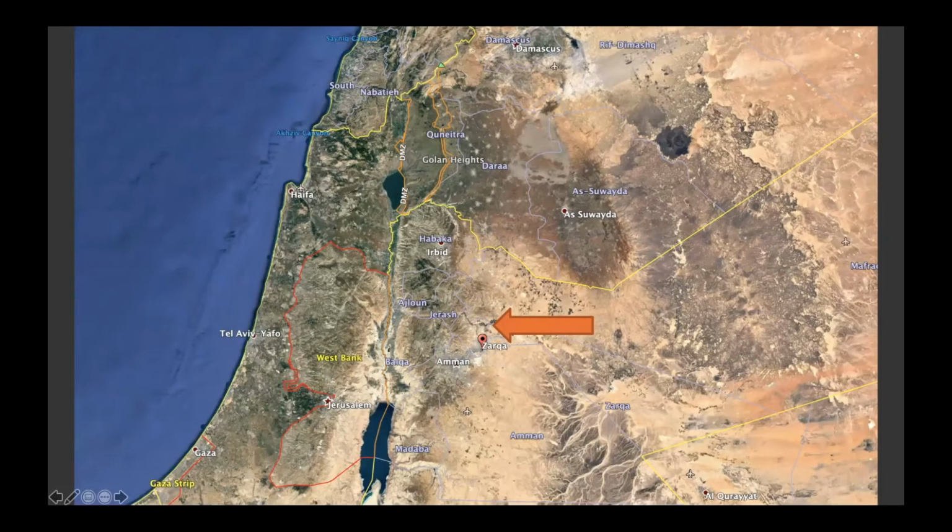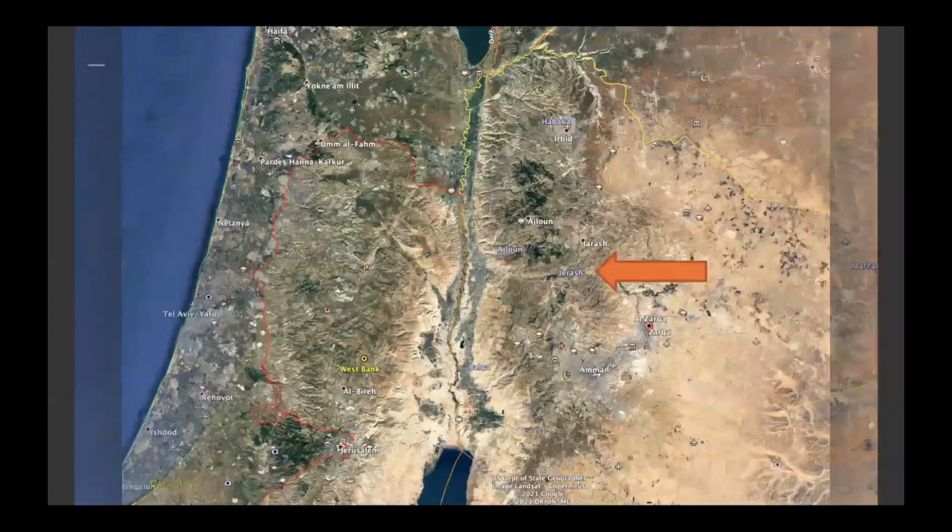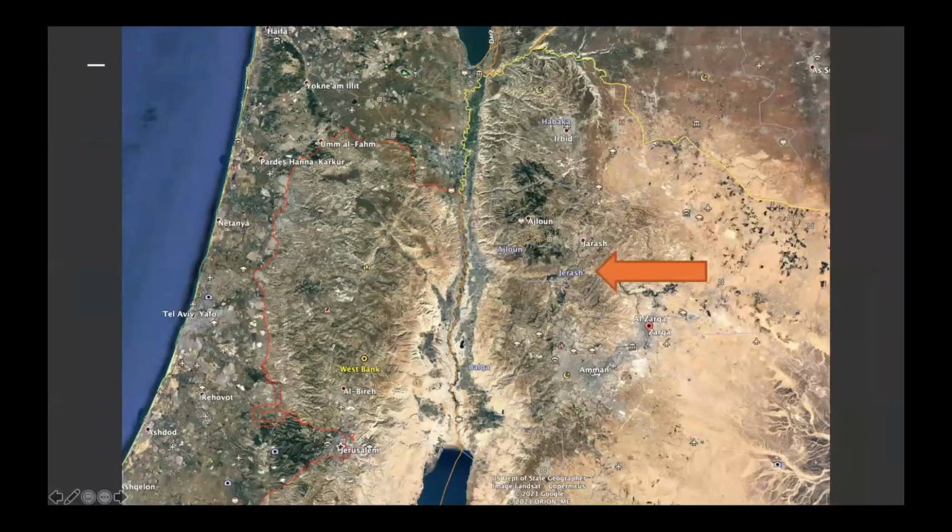So when Jacob came from Haran, he took the King's Highway, and there's a natural valley between these two hills where he entered. Let me zoom in, and you can see the Jabbok River more clearly, and here it meets the Jordan River, and this area is Shechem.